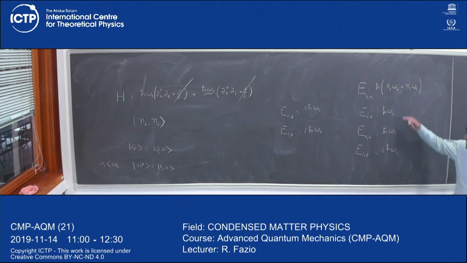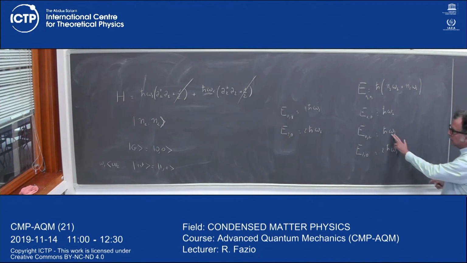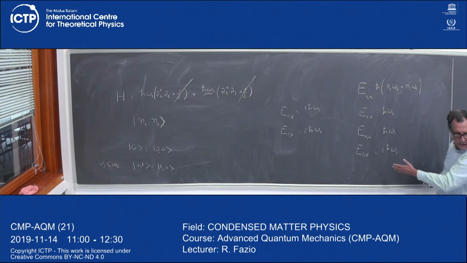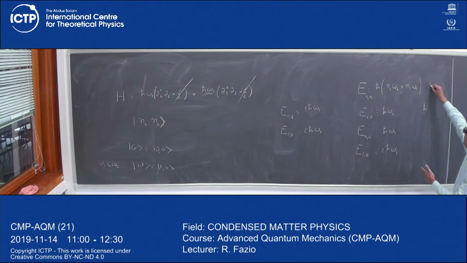But this is not just ordered in energies. This is for sure smaller than this, but then I have to decide what is smaller. So if omega 2 is smaller than 2 omega 1, this is the right ordering. Otherwise, I will have 0, h bar omega 1, 2 h bar omega 2, and then omega 1, and then h bar omega 2. And if I ask you, then you have to do all the rest.